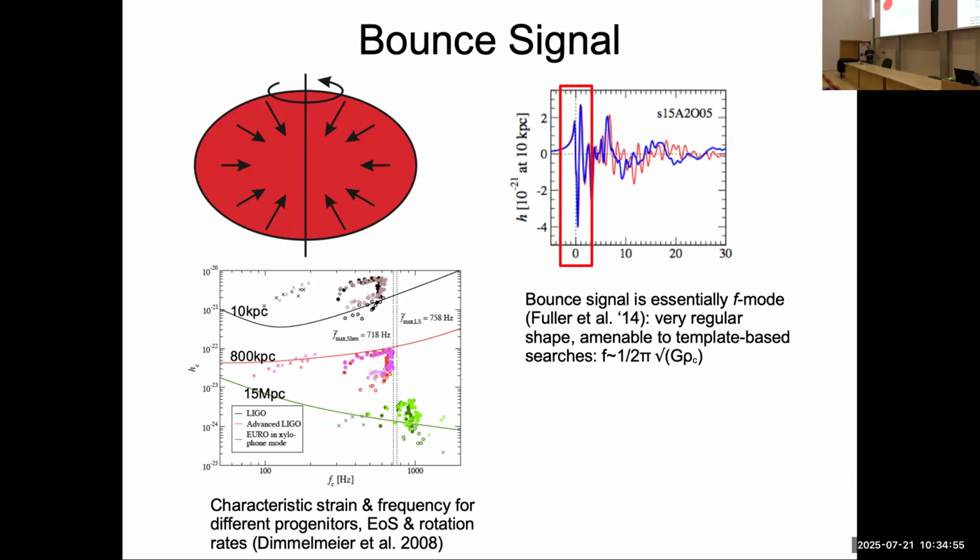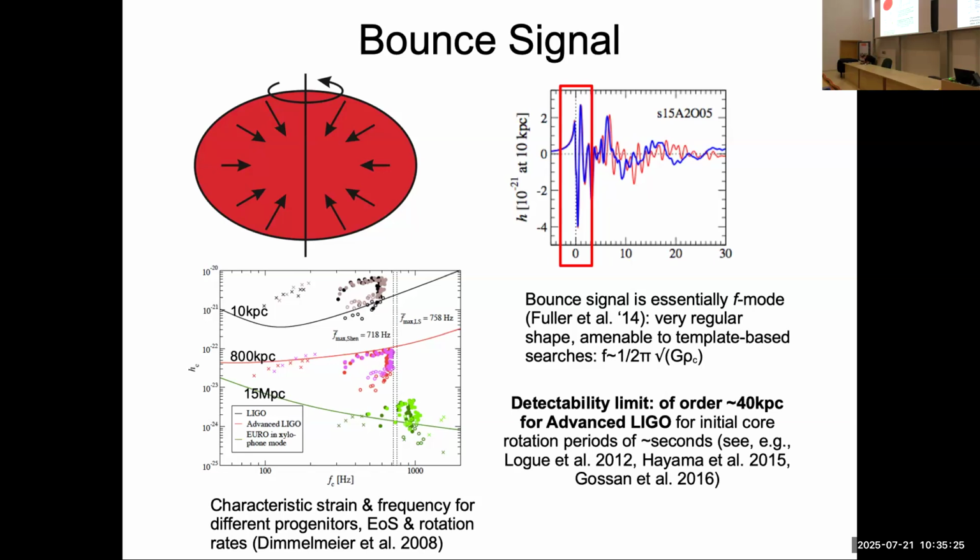But the interesting thing is it's basically a more or less universal waveform, and you can parameterize its amplitude in terms of relevant parameters, like the overall degree of rotational energy versus potential energy before bounce, and maybe the degree of differential rotation that you have in the core. And then you can think about actually measuring that.